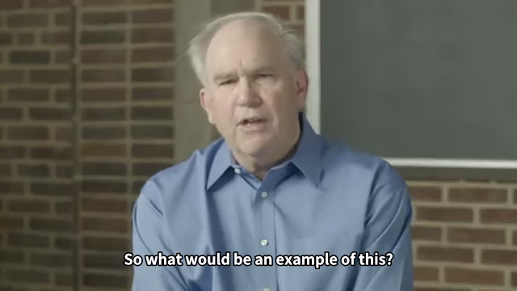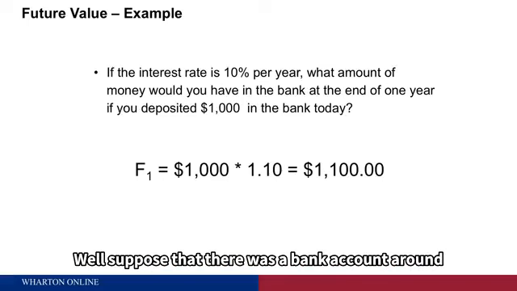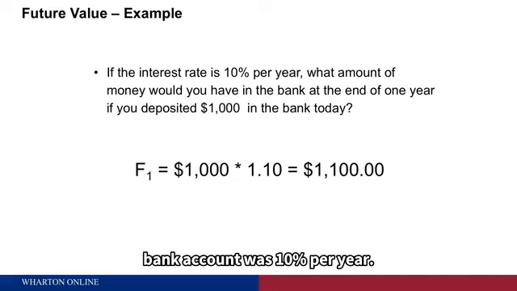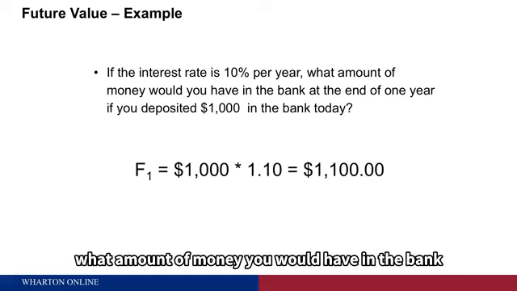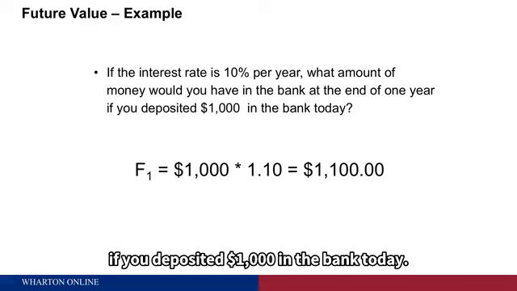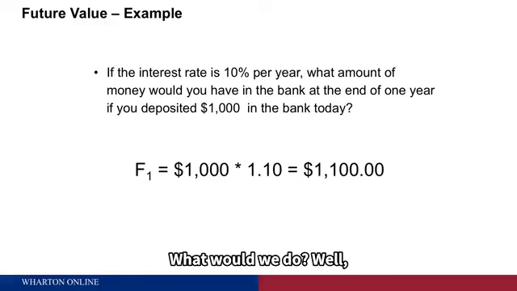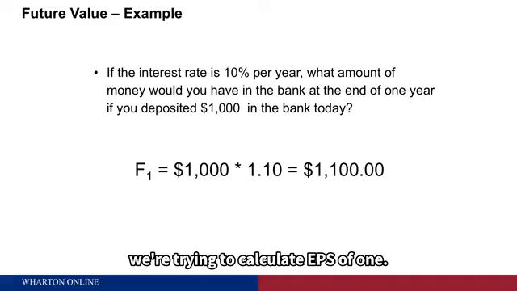So what would be an example of this? Suppose there was a bank account and the interest rate on that bank account was 10% per year. And you wanted to know what amount of money you would have in the bank at the end of 1 year if you deposited $1,000 in the bank today. Applying that formula, what we're trying to calculate is F sub 1.